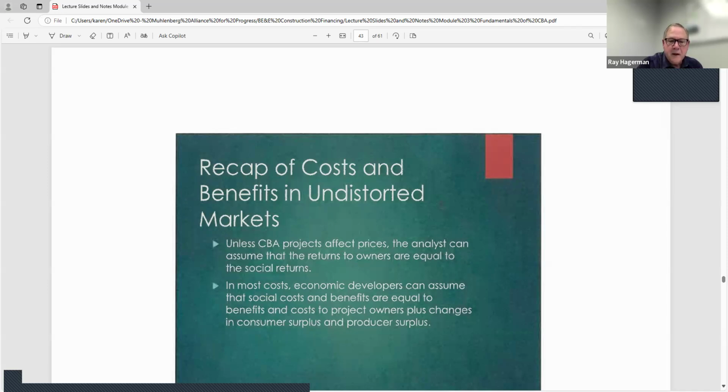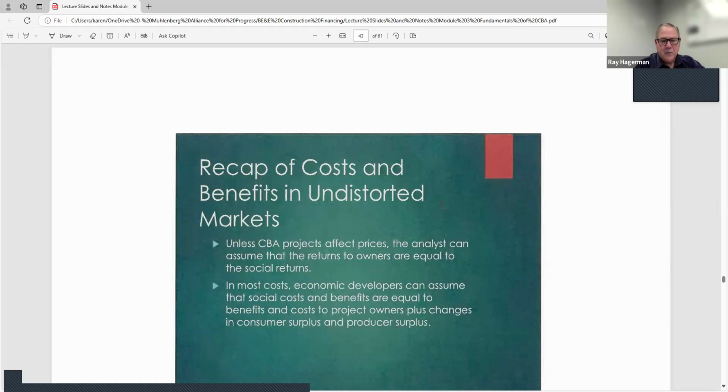In most cases, however, economic developers can assume that the social costs and benefits are equal to benefits and costs. So I think that sort of speaks for itself, but just bear that in mind as you look at this from the perspective of, I'm an economic developer and how can I look at these appropriately?